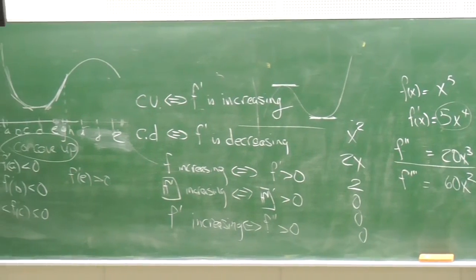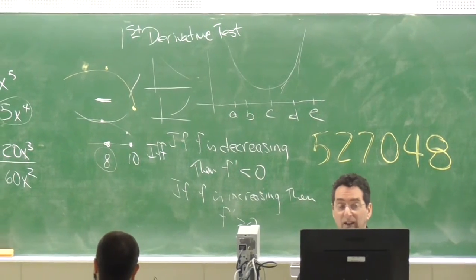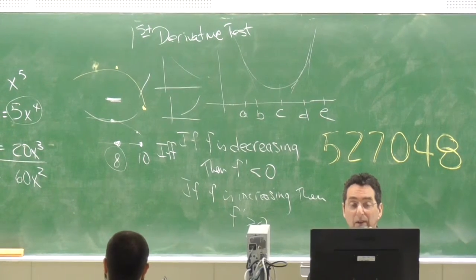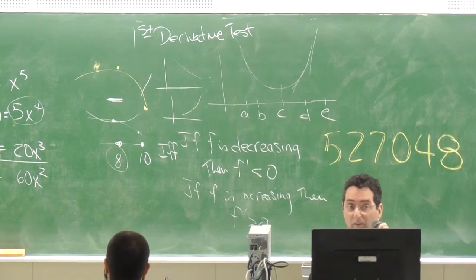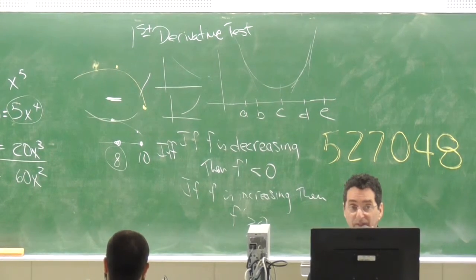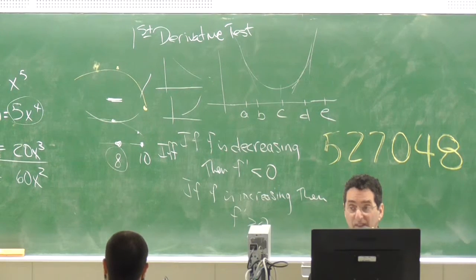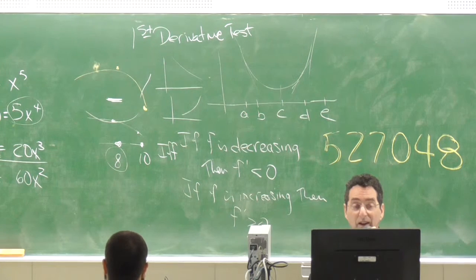The second derivative has some interpretation here, like we just said, and when you're talking about speed, speed is the first derivative, and the second derivative is acceleration, right? So the second derivative has some meaning in the problem of something moving.